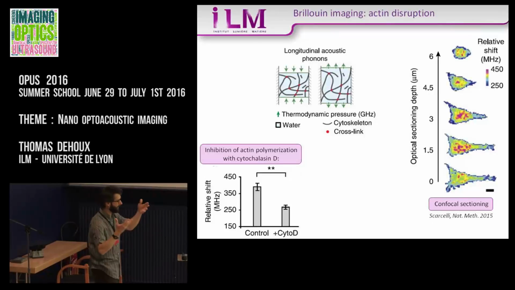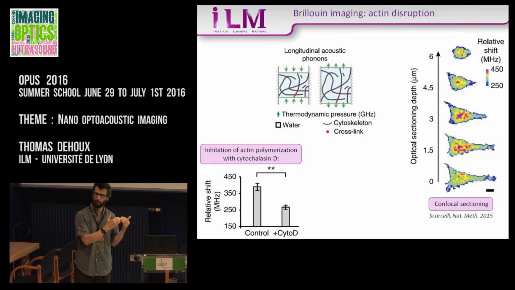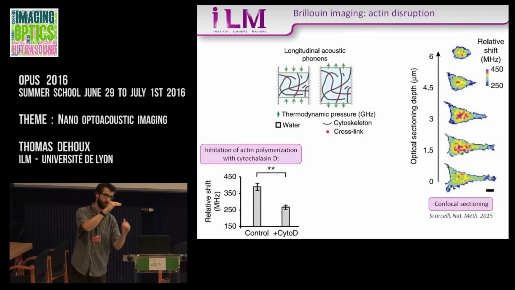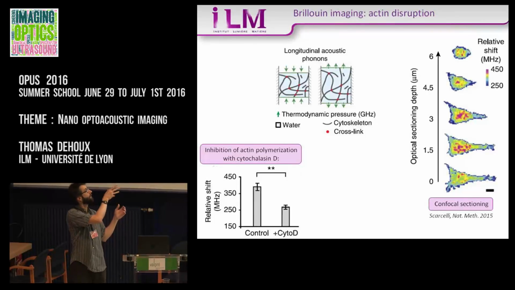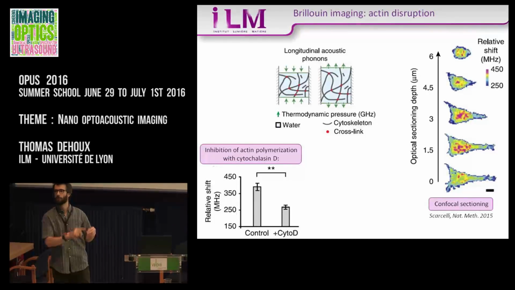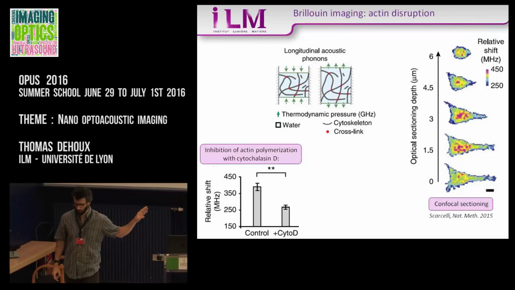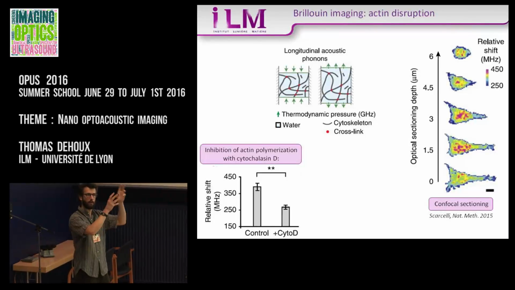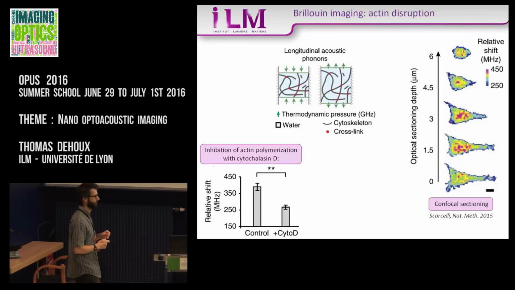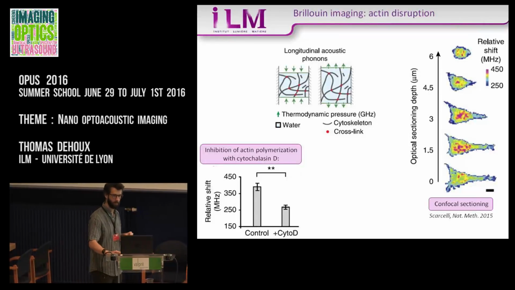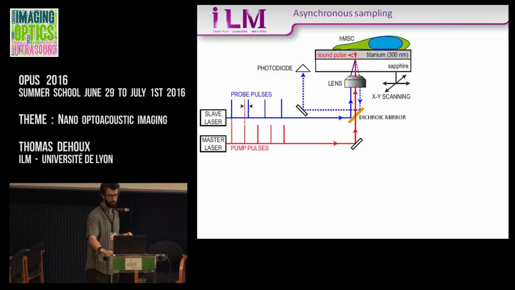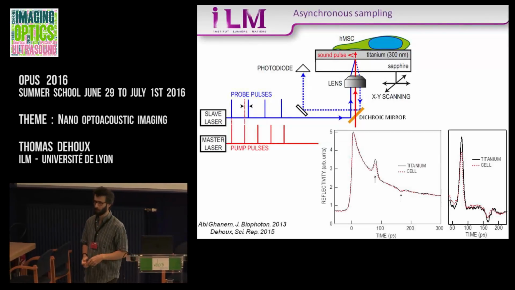As the cell fluidizes, the sound velocity decreases, and they see it as a shift in the frequency of these interference. So they're able to sense the variation in the conformation of the fibrous network inside the cell. So that's for the mechanical properties.